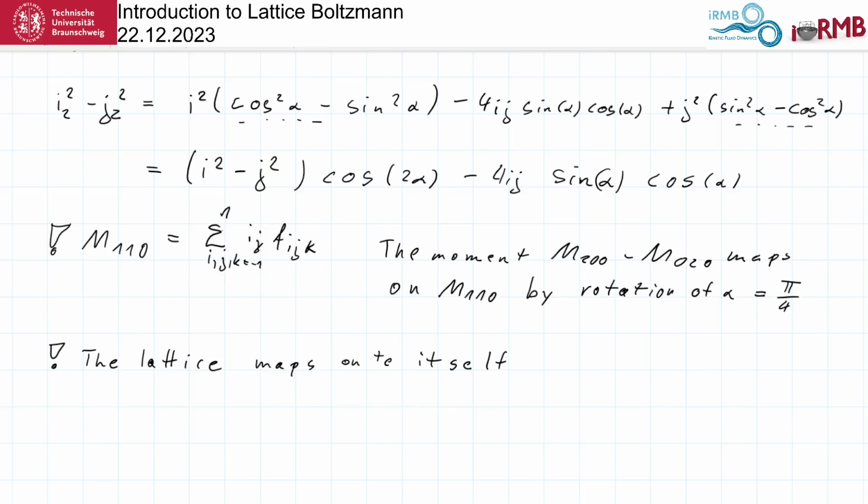It only maps onto itself after rotation by n, where n is an integer, by n times pi half.